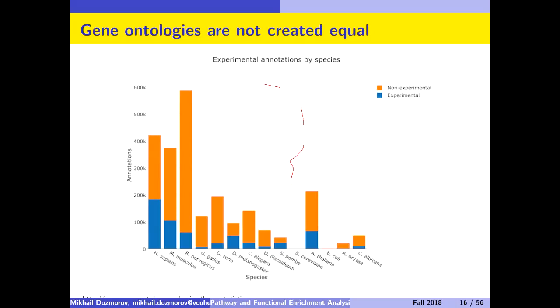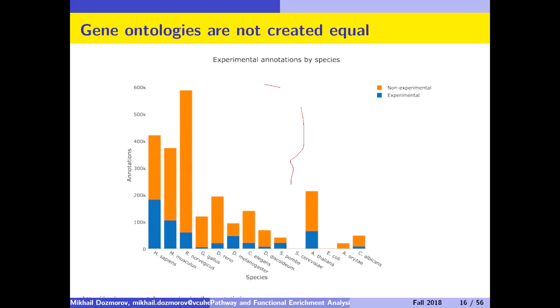You can see that even for Homo sapiens, more than 50% of annotations are non-experimental. They are derived from some computational analysis, from data mining, and that's pretty much the case for all other model organisms, for mouse, for rat, for chicken, zebrafish, and so forth.